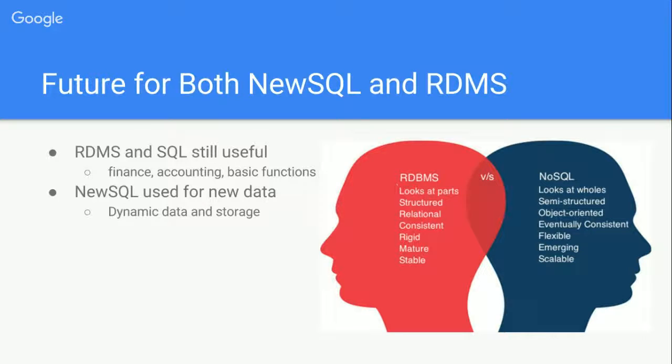They're both still useful, and they're both still widely used. Relational database management systems are still used in finance and accounting, in companies where they're not dealing with data from Facebook or Twitter or anything like that.